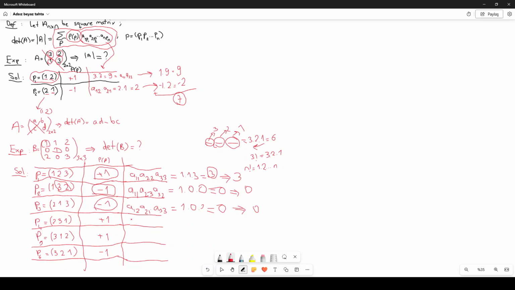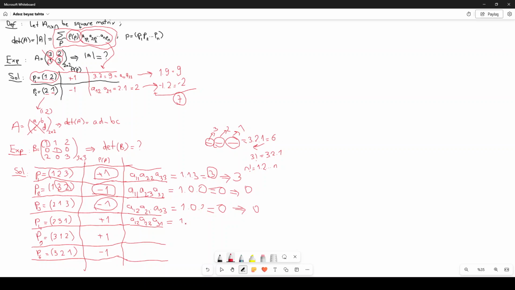How about the other one? Well, I do the same thing. I put 1, okay, what's the P1 here? P1 is 2, right? A1, 2, and A2, 3, and A3, 1. Okay, so what are these values?